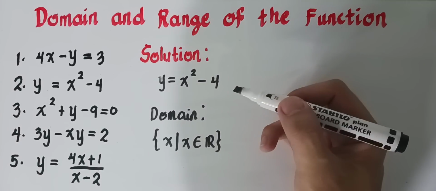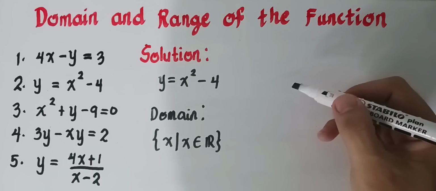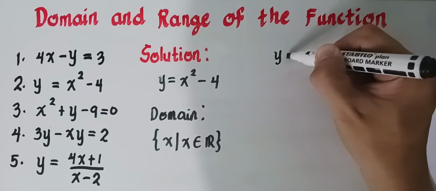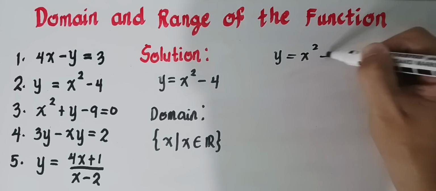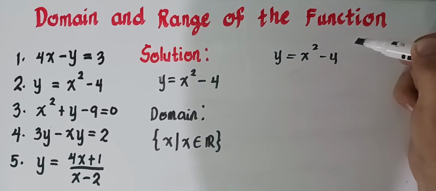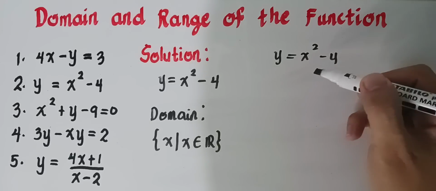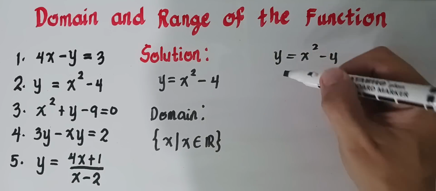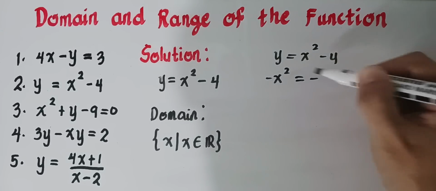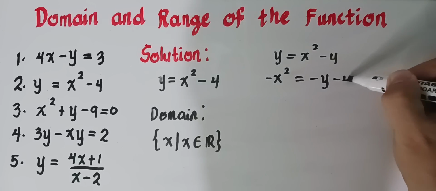And to solve for the range, ang gagawin natin dito, guys, copy muna natin, y is equal to x squared minus 4. Okay, so to find the range, solve for x in terms of y. So in this case, pwede nating i-transpose to. So negative x squared is equal to negative y, minus 4.